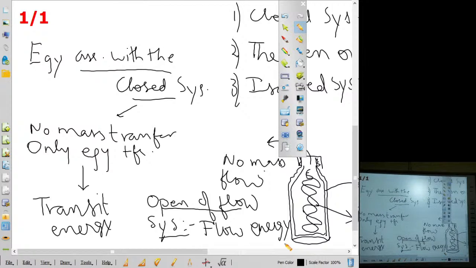All right. There is one more system we have studied called the isolated system. No mass flow, no energy transfer. Even if flow is there, still some energy remains constant inside. An example for that is the internal energy.